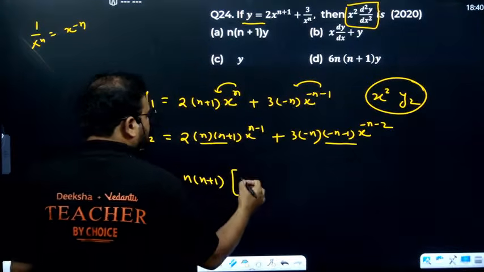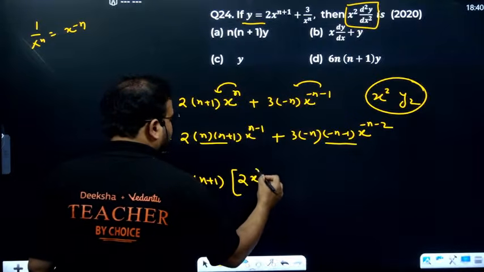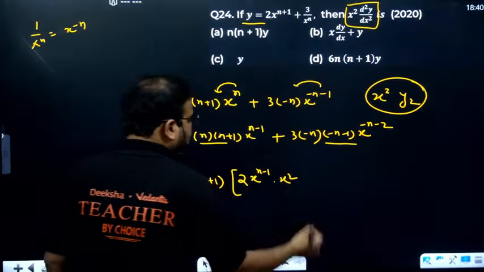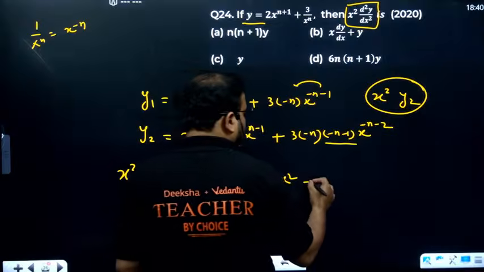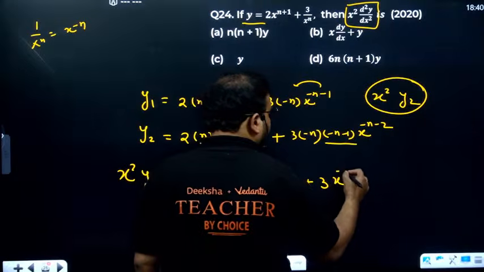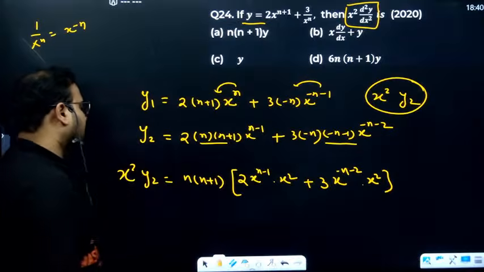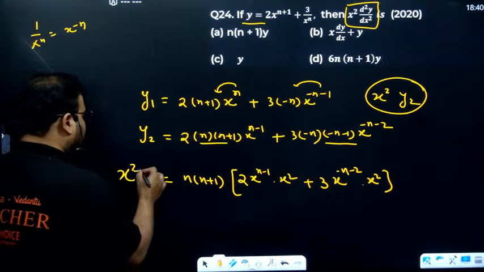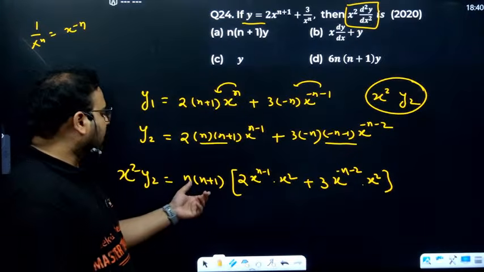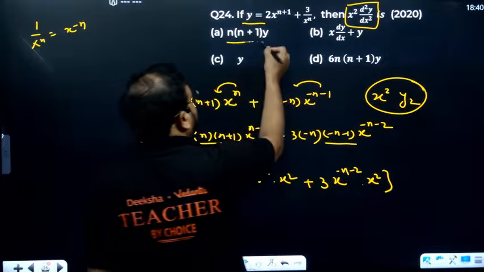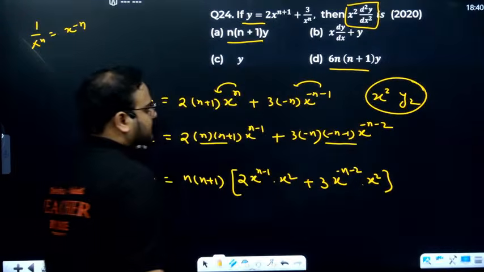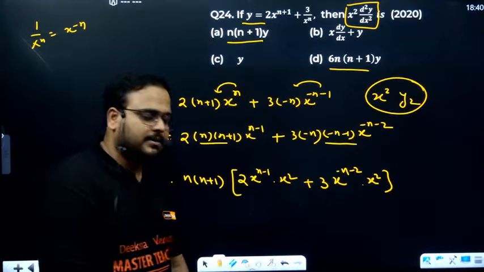So over here, what do we have? 2 times of x power n minus 1 into x square. Here we have 3 times of x power minus n minus 2 into x square. I multiplied this with x square also. That's why I'm writing like that. So you can look at this. Either my answer is option A or option D.